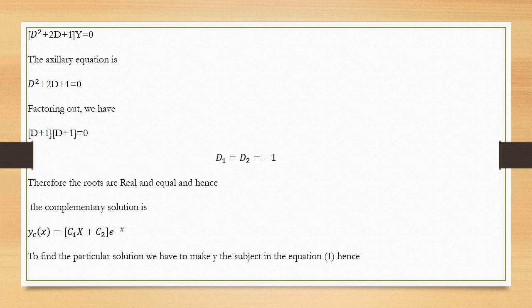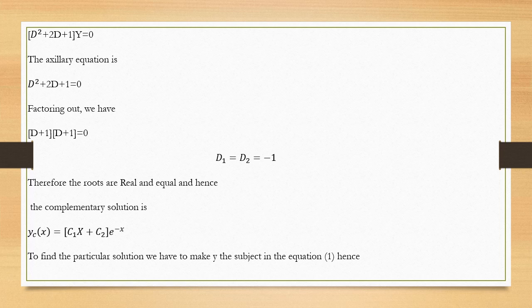Now we take the auxiliary equation, which is what is inside the bracket: D squared plus 2D plus 1 is equal to 0. This is a quadratic equation in terms of D, and therefore you can either solve it using the quadratic formula or by looking at the factors of the equation.